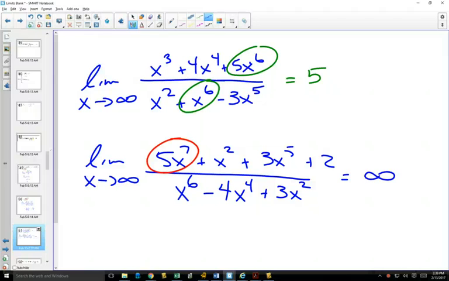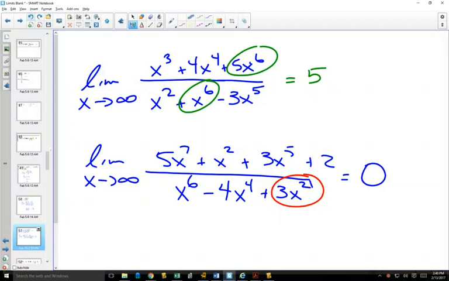What would happen with this same question, but I made this here x to the 21? Now it's going to be 0, because my largest value is there on the bottom, and now I'd be dividing by a very, very big number.